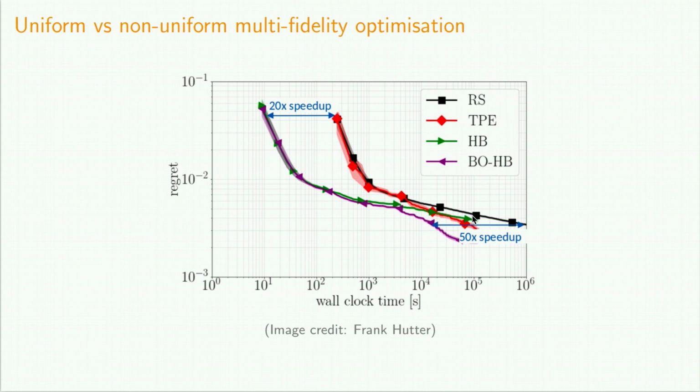Hyperband is doing better than random search, but is doing worse than Bayesian optimization. But we see a very large improvement when we combine the model-based approach with a randomized approach like Hyperband. Here, at this level, we obtain like a 50% speed up. And we attain a regret which is much lower than any other methods in a smaller amount of time.